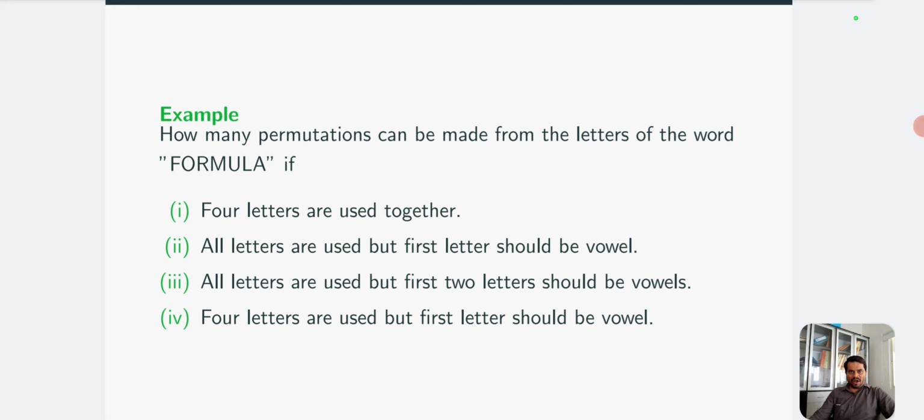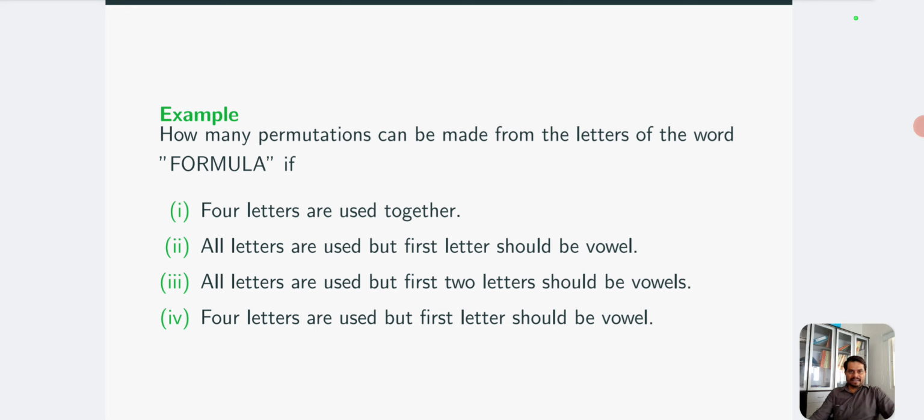The second question is, all letters are used but the first letter should be a vowel. You know there are 5 vowels: A, E, I, O, U. We have to use the first letter as a vowel and then find the permutations.